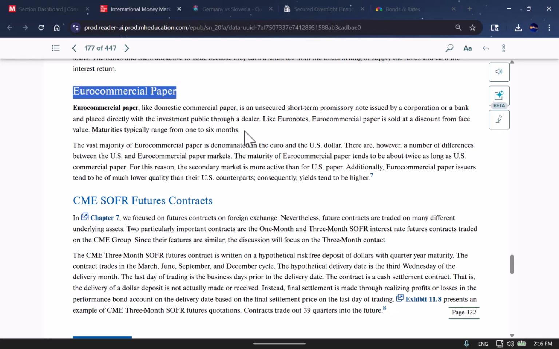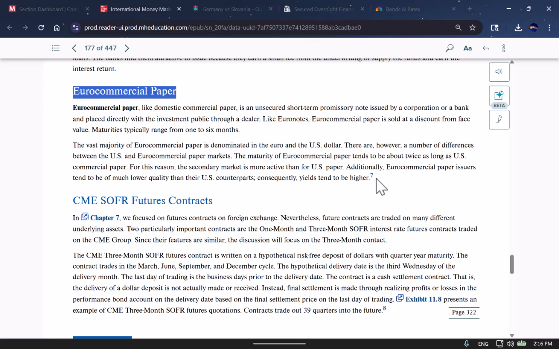Of course, if your credit rating is not that high, nobody's going to buy it. But if you're Apple, you're either AAA rated or AA rated, you're not going to pay too much premium over T-bills. And nobody expects Apple to default in 3 months.